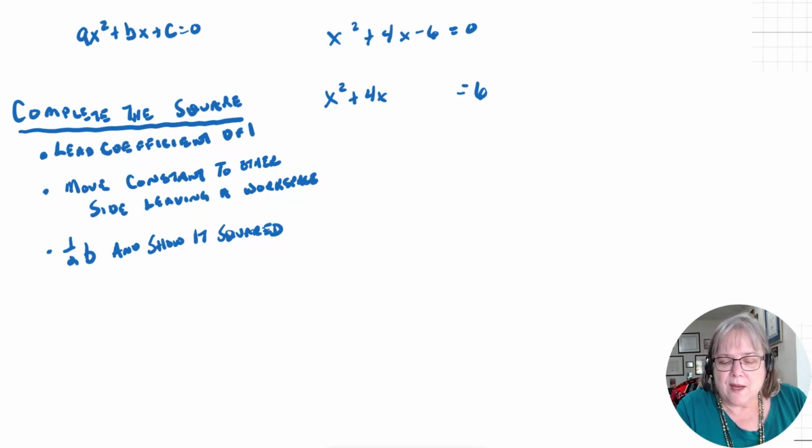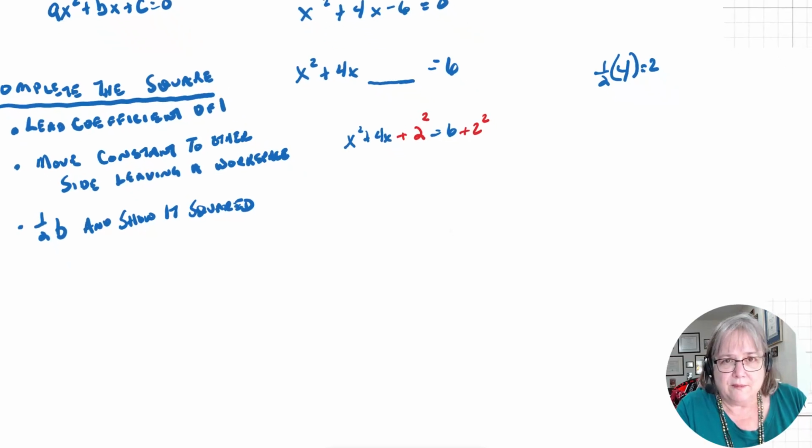So we're going to take half of b. Now b is 4, and half of b is 2. Okay, so we have our x squared plus 4x. And in this workspace right here, we're going to take the 2 and say we're going to square it. All right, and then what you do to one side, you have to do to the other side. Agreed?